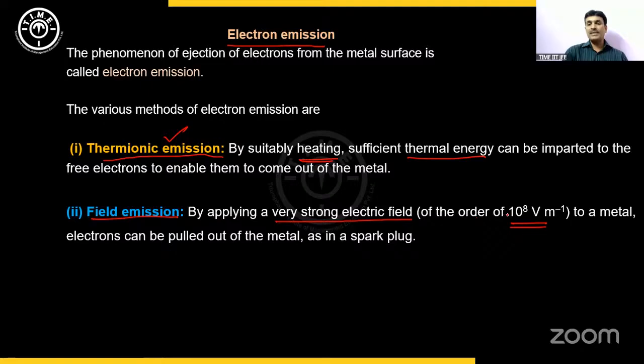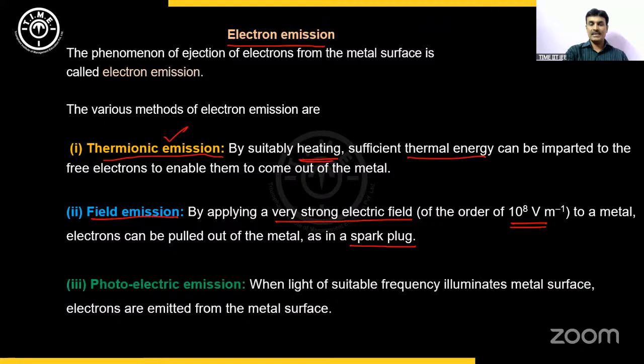When such fields are applied to a metal, the electrons can be pulled out of the metal. Especially in spark plugs in automobiles, the same thing happens. So that process is field emission. Is that clear? Right.